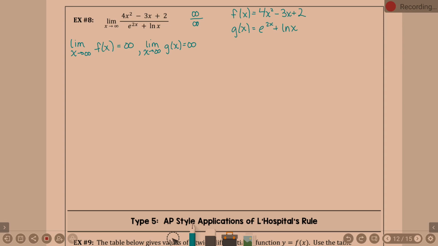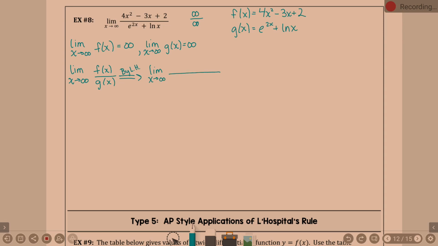So, the limit as x approaches infinity of f of x over g of x. Well, by L'Hopital's, the limit as x approaches infinity. Now we have to do the derivative. I need that written out.